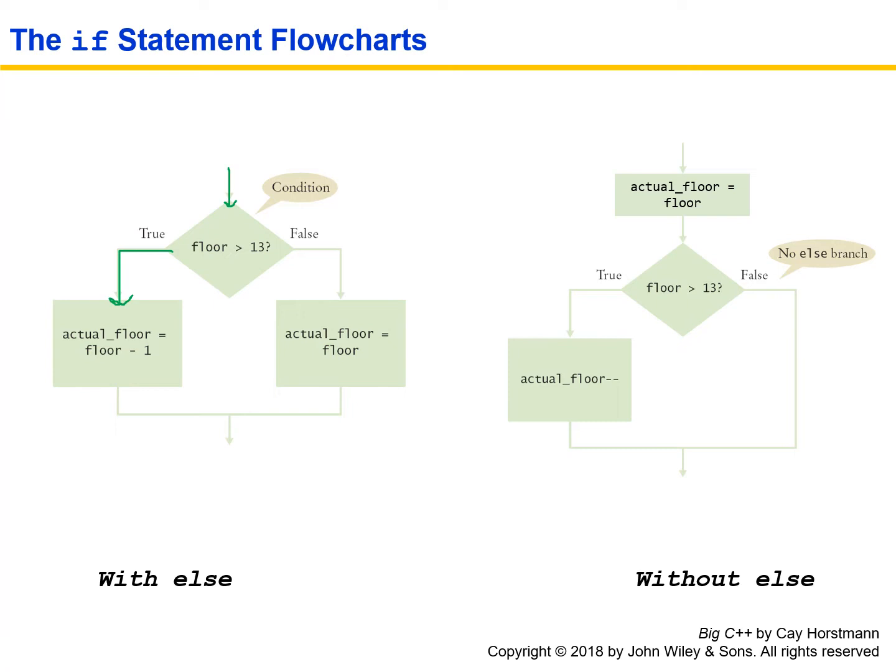If it's false, that means we need to set actual floor equals floor because we're not greater than 13. And then, as I indicated with the fork in the road graphic that we saw a minute ago, once the if statement is over, the flow of the program comes back together and the program can continue as one program.